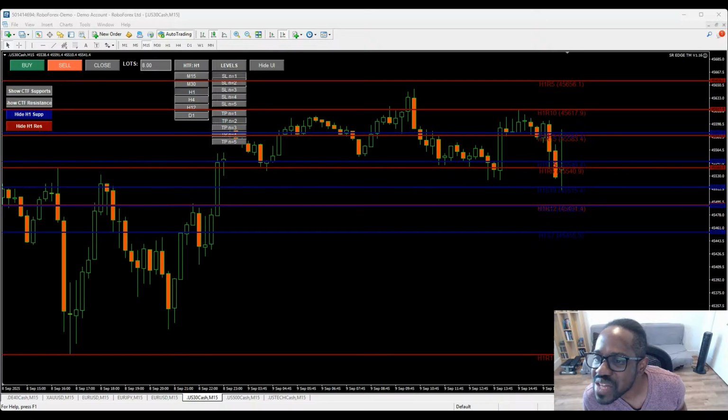So we have a sell on US500, sell on US30. So S&P 500 and US30 sell setup here. So make sure to trade accordingly. And if it makes sense to take the trade, take it. If not, wait it out and see exactly how everything works.